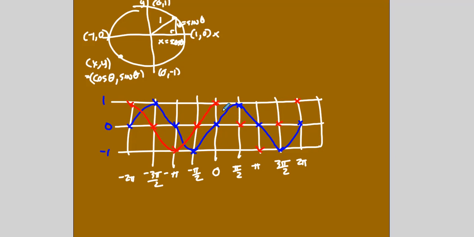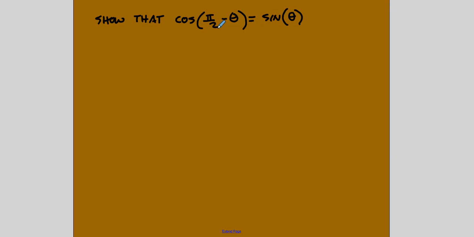And notice that sine and cosine are offset by 90 degrees, or pi over 2 radians. And we're going to use that information here to derive these next two properties. So show that cosine of pi over 2 minus theta equals sine theta. We just sketched it, so I'm going to do it again.